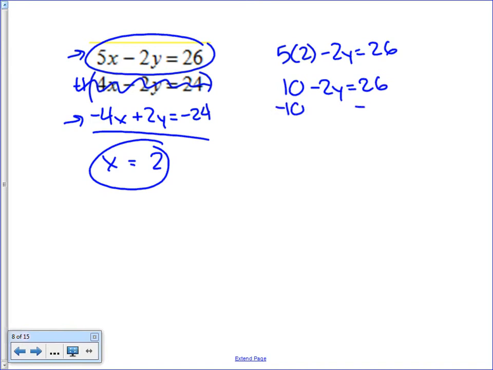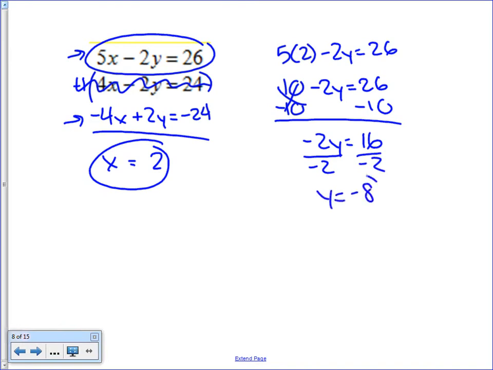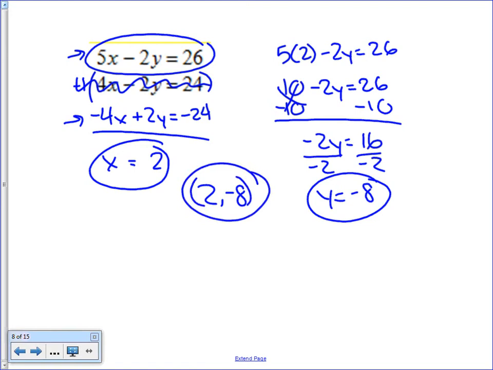Subtracting 10 on both sides, I'm going to get -2y equals 16. And dividing by -2, y will equal a -8. All right, so we got the point (2, -8) will be my answer.